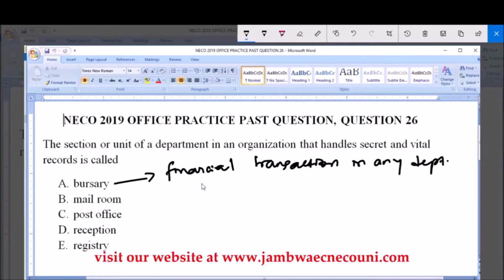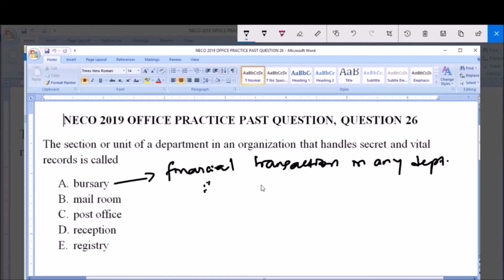Now B says the mailroom. The mailroom is a room used for handling incoming and outgoing mail in an organization.